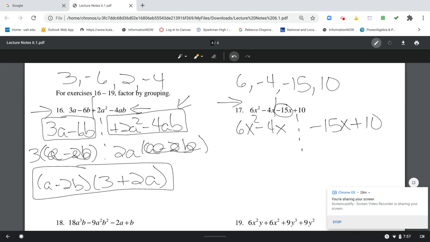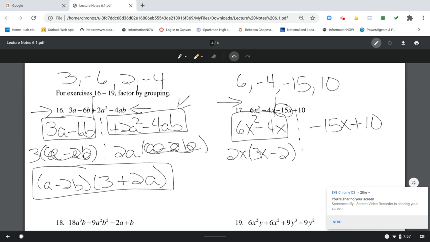So in the first two, I'm focused right here on the 6x squared minus 4x. I do have a 2 in common, and since both of them have an x, I take the smaller exponent. Now I'm going to put the reduced terms back in. 6 divided by 2 is 3. Subtract that exponent. -4 divided by 2 is -2. When I subtract the exponent, I get 0 because 1 minus 1 is 0. So all I get is the -2 when I did -4 divided by 2.